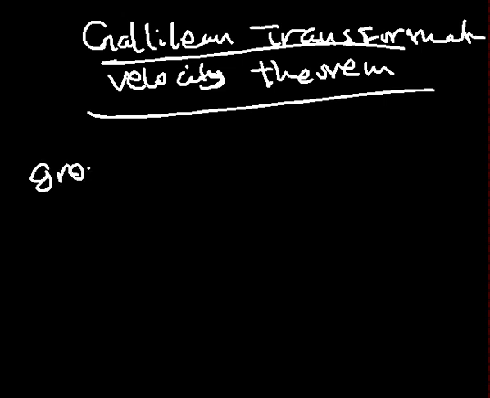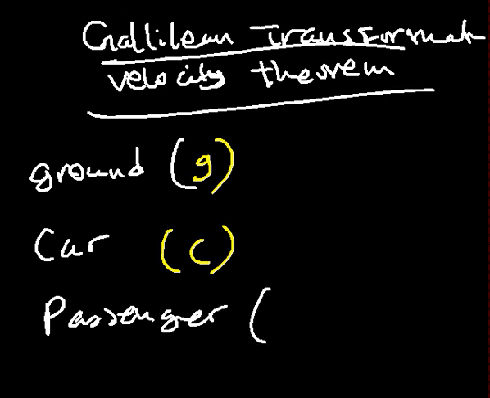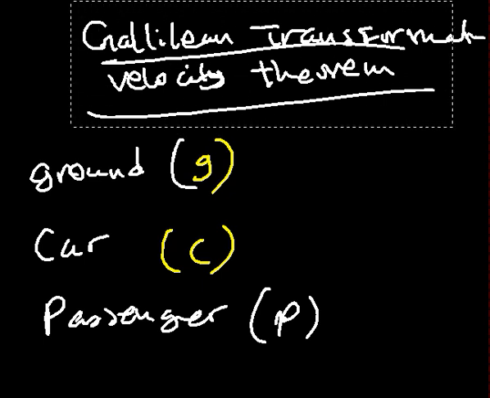Let's say we have the ground, which I'll represent as G. And let's say we have a car, which I'll represent as C. And also let me have a passenger, which I'll represent as B. Now let's see what the Galilean transformation velocity theorem is all about in that case.